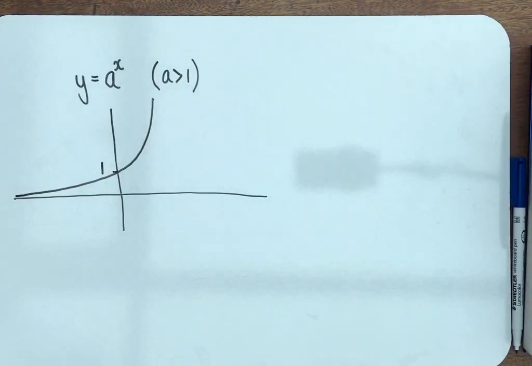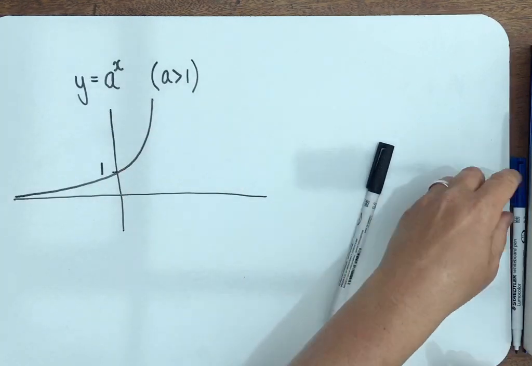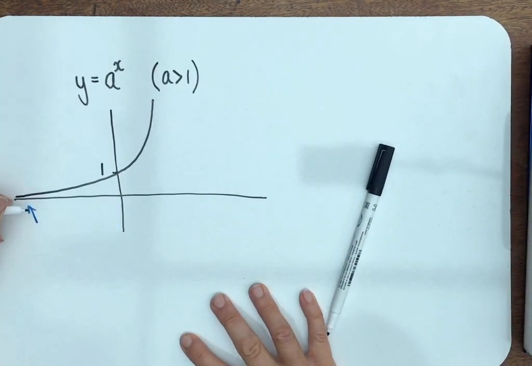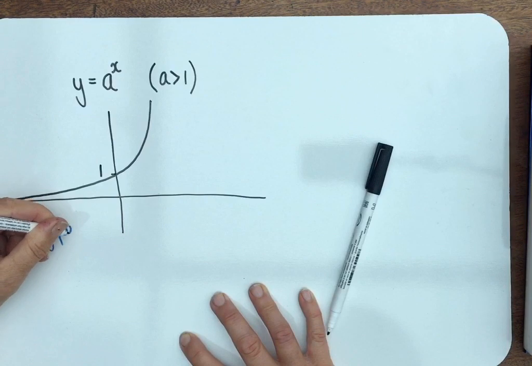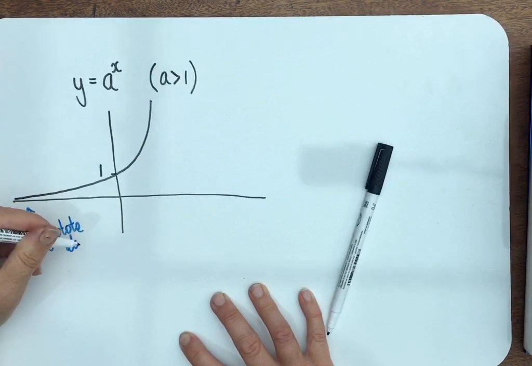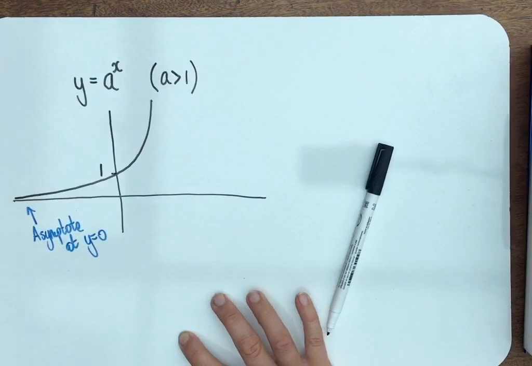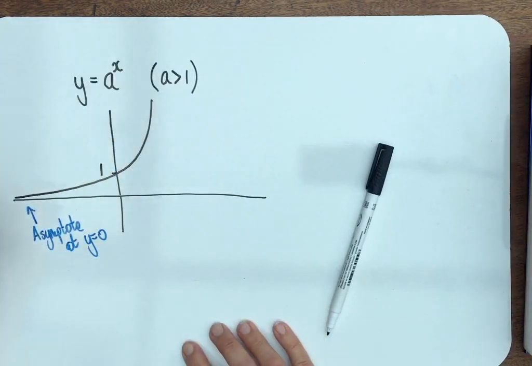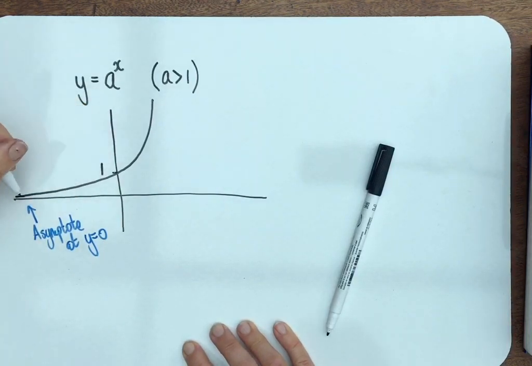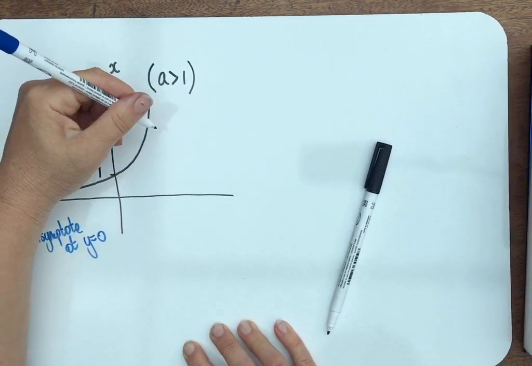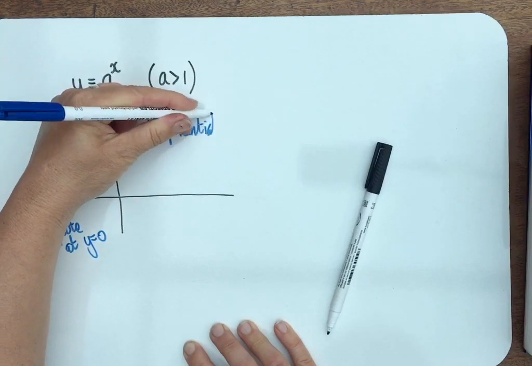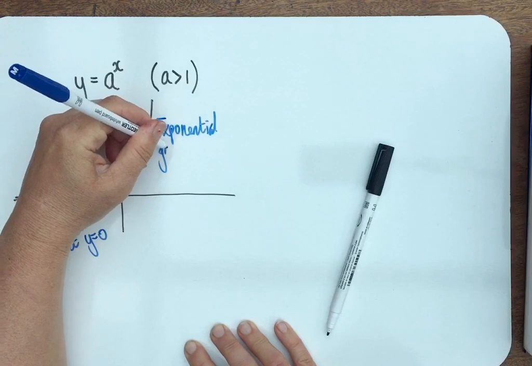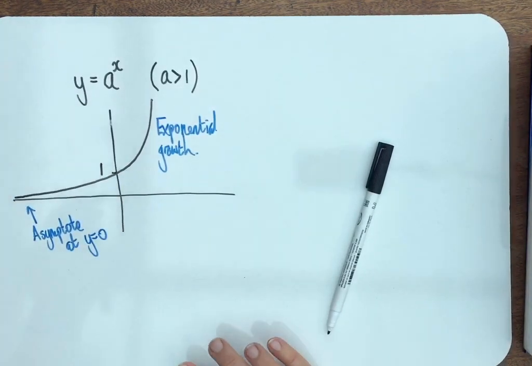And then the x-axis is an asymptote. So the really important thing here is the asymptote of y equals 0, exponential shape, and it passes through 1 on the y-axis because a to the power 0 is 1. And if it's growing like this, this is called exponential growth. So things like populations can grow exponentially until something comes along to level them off.